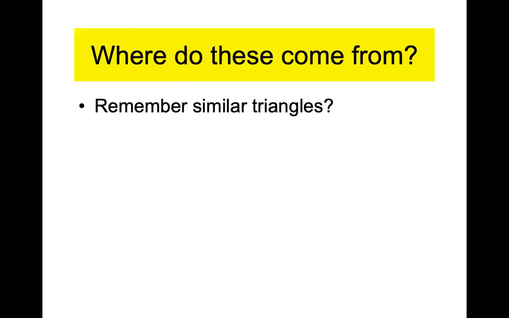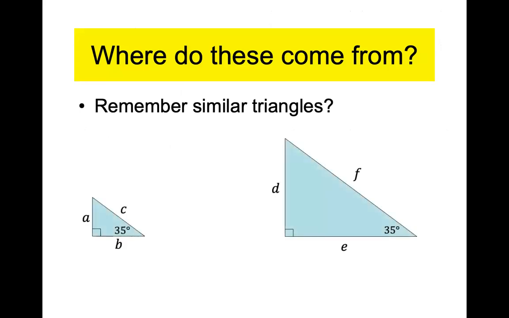Remember where all these ratios come from? They come from the fact that when you have similar triangles, these are the triangles I showed you yesterday. If you have two right triangles where one of the angles is 35, the two triangles are similar because of the angle-angle postulate. Therefore, we can write their sides in a ratio. What was the ratio we used yesterday? Opposite over adjacent. That's why we had A over B equals D over E. Well, there are two other ratios there, depending upon how we want to arrange the letters.